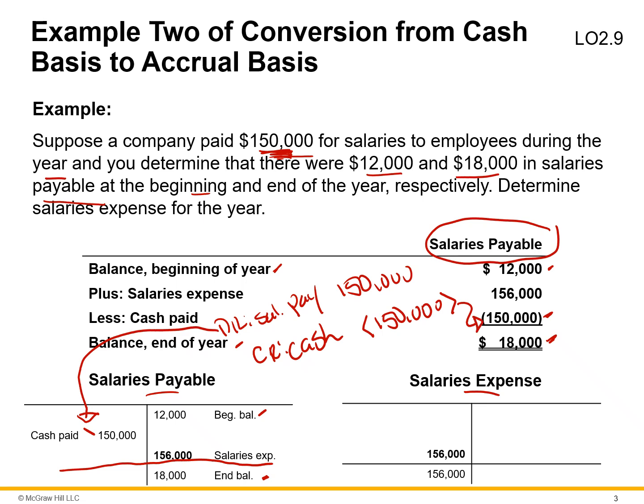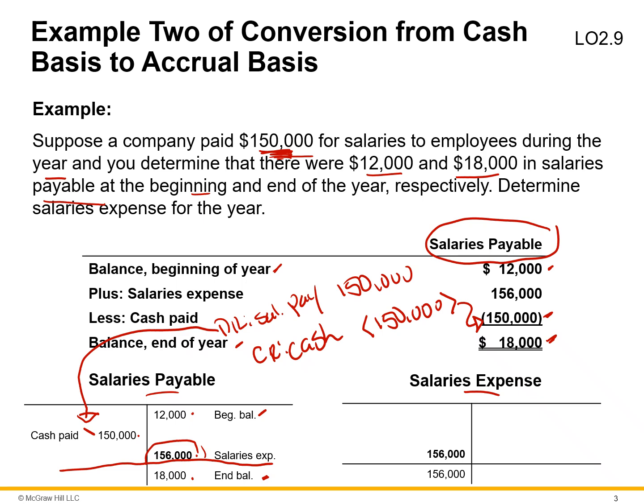Just by virtue of plugging it in, if I take my $12,000 minus $150,000 plus some amount equals $18,000, we know that amount is going to be $156,000. So here we have a credit for $150,000.